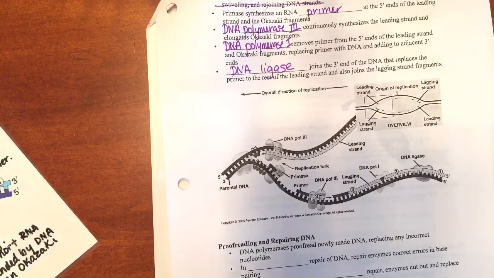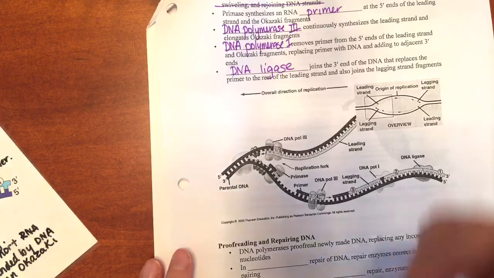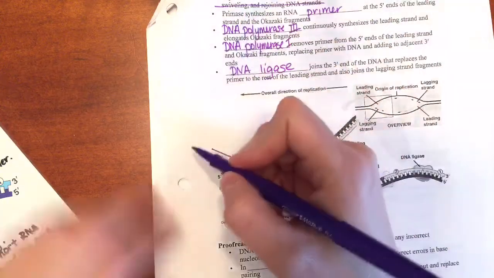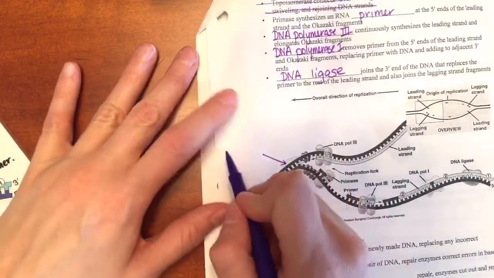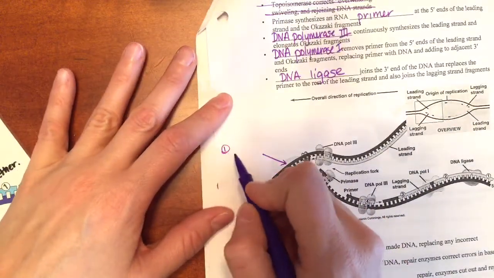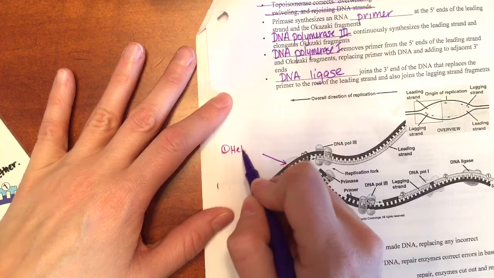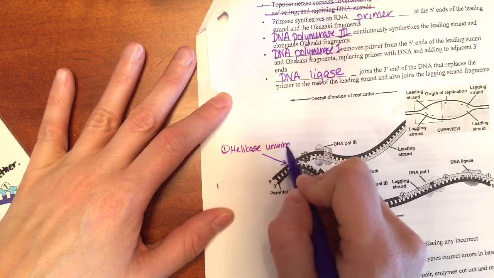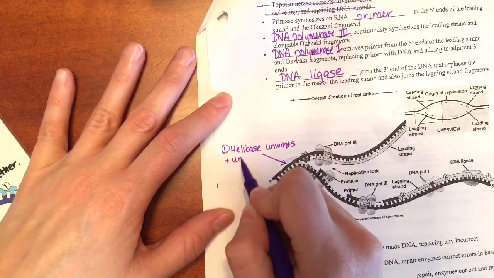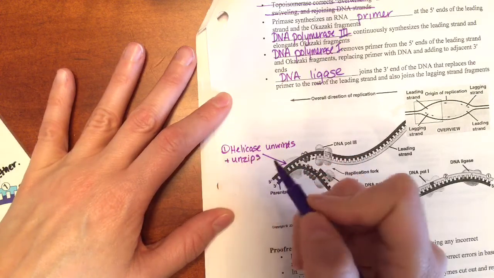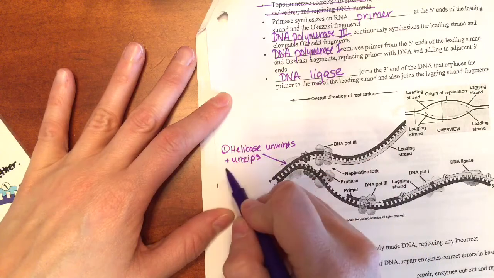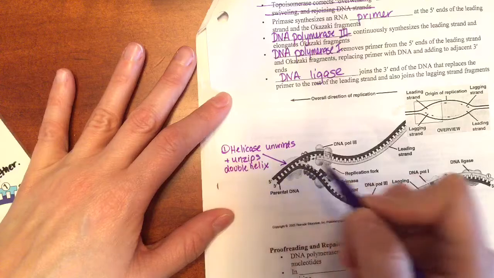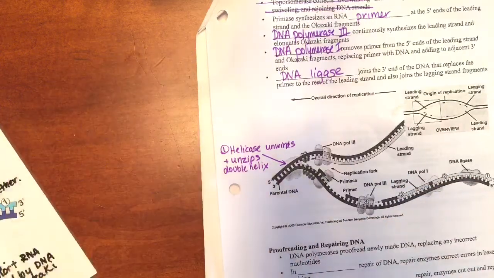Helicase is right here. So this is step number 1. Helicase unwinds and unzips. That means to break apart the hydrogen bonds of the double helix. That's step 1.